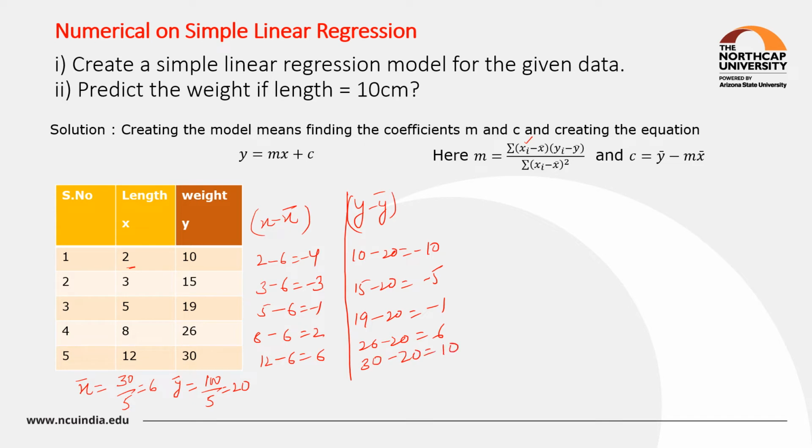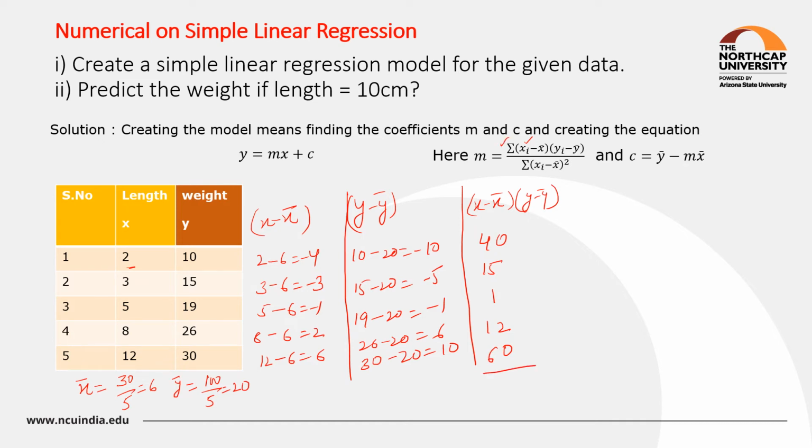Now let's find the product of these two, x minus x bar into y minus y bar. It is coming out to be 40, 15, 1, 6 into 2 is 12, and 10 into 6 is 60. And take the sum of these.